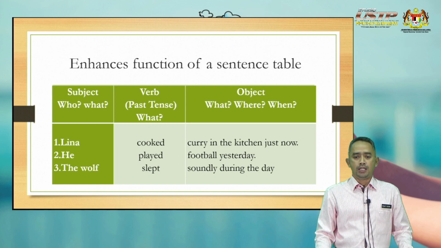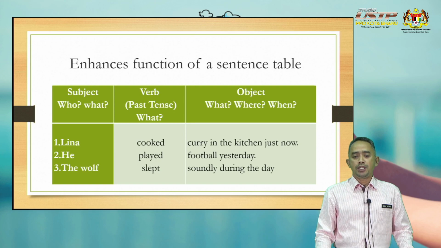And then the object. For the object, we have 3: what, where, and when. We look at the sentences. Number 1, for the subject, we have Lena. For the verb, cooked. And for the object, we have curry in the kitchen just now. Okay, boys and girls.